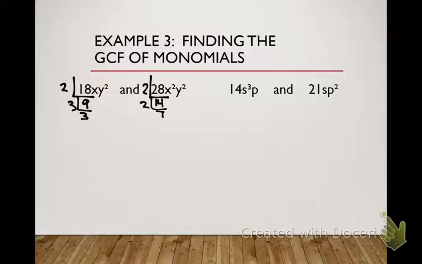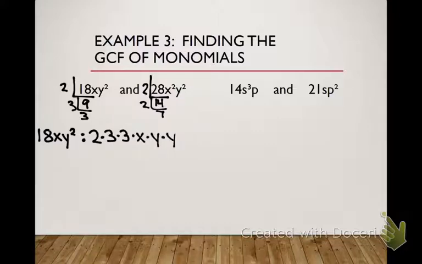All right, so now when you list these factors, I want you to write the entire monomial, 18xy squared. Now let's break it down. We're writing everything in expanded form. 2 times 3 times 3 times x times y times y. How many x's do you see there? 1. You see 1 x and how many y's? 2. 2 y's.